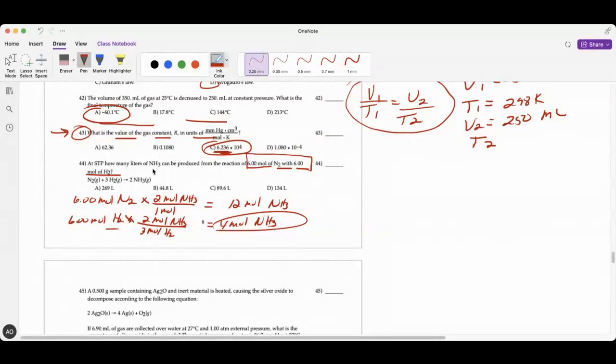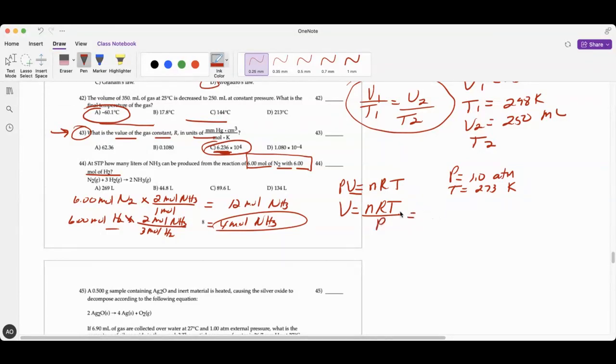Now they want to know how many liters of ammonia can be produced, so we'll use our ideal gas law. This is at standard temperature and pressure, so pressure is 1 atmosphere, temperature is 273 Kelvin. We'll solve this for volume. So the volume is nRT divided by the pressure.